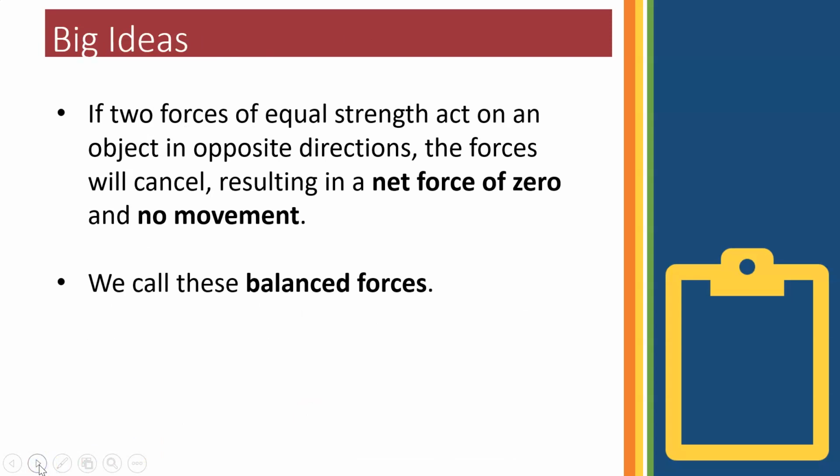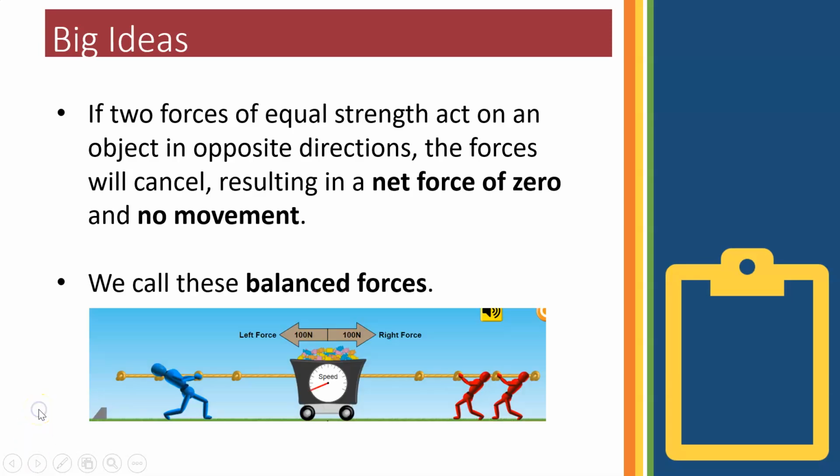We then investigated forces with a tug-of-war simulation, and we saw that 2 forces that are equal in strength but opposite in direction can cancel each other, and then there's no net movement because the net force was 0. We say that these forces were balanced.